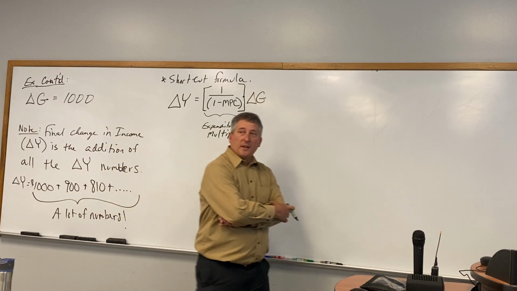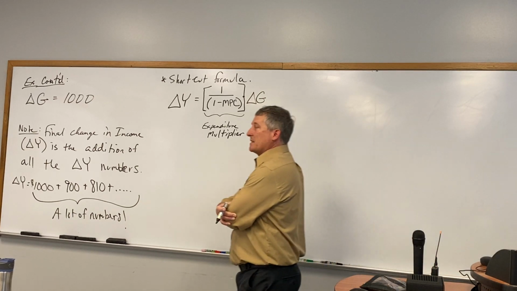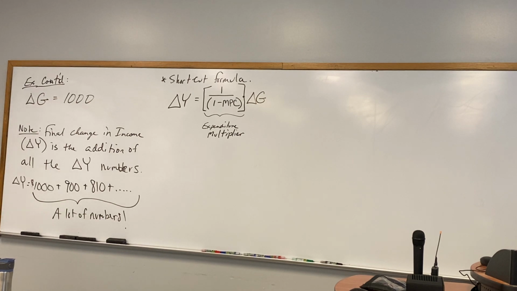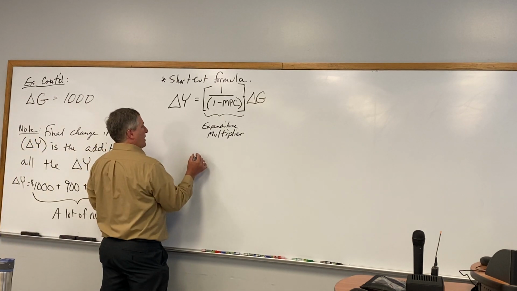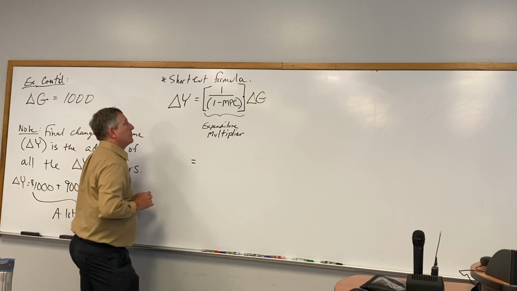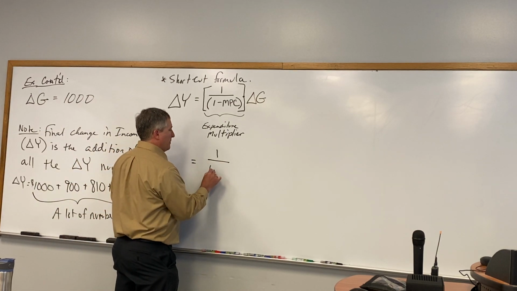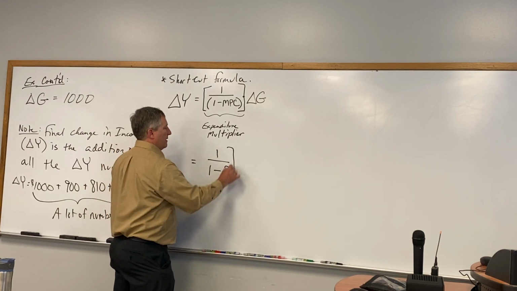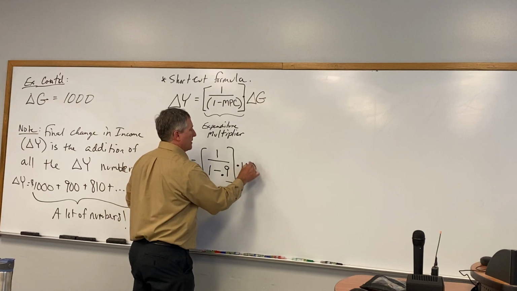And so for this problem, what was our marginal propensity to consume that I gave you yesterday? 0.9. So with our 0.9 here, using the formula, this would be 1 over 1 minus 0.9 times the $1,000.